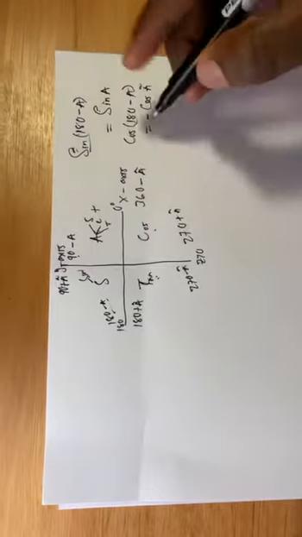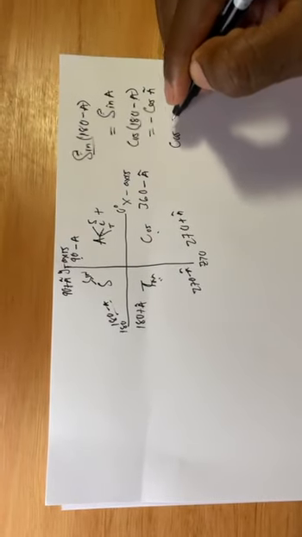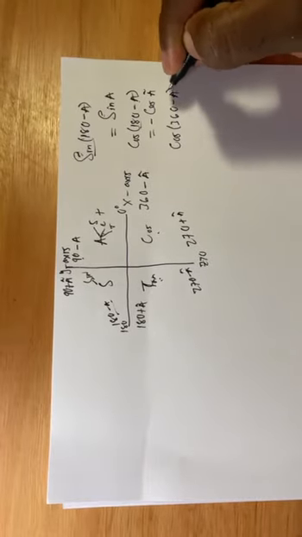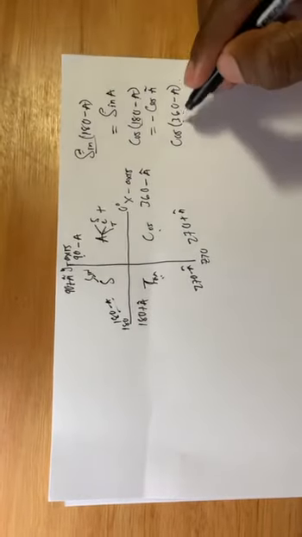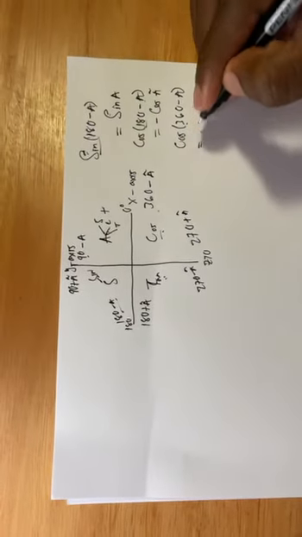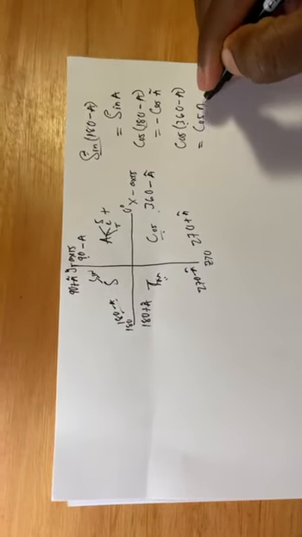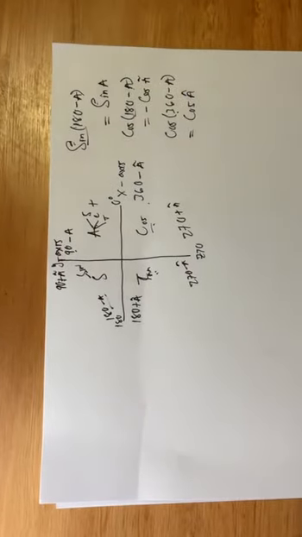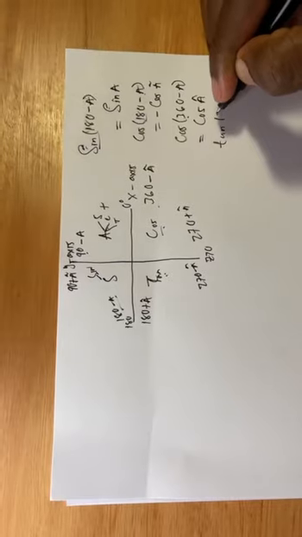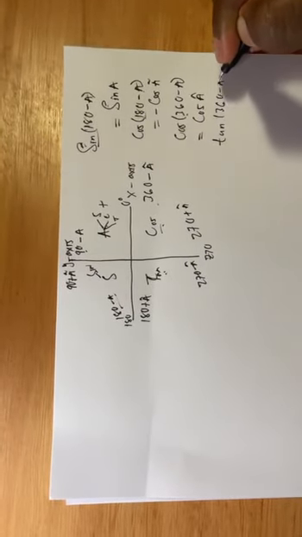What if we're given cos of 360 minus A? Well, 360 minus A is in the fourth quadrant. Cos is positive in that quadrant. This means we have cos of A. What about tan of 360 minus A?